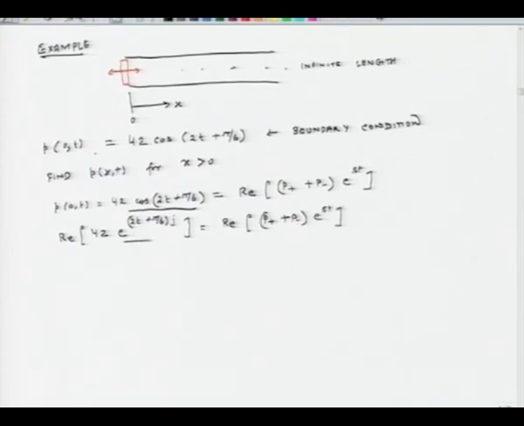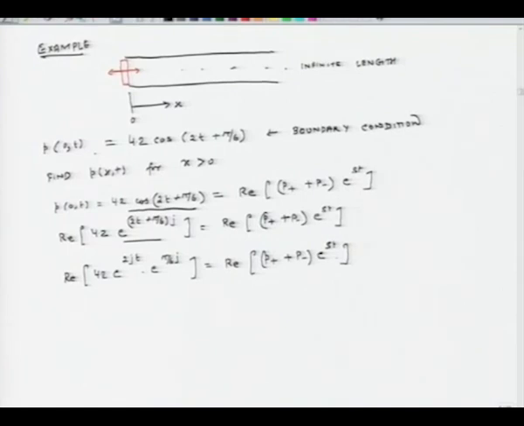And now, I resolve this into two specific components. So, I get real of 42 e to the 2jt times e to the pi/6 j equals real of P plus plus P minus e to the s t.